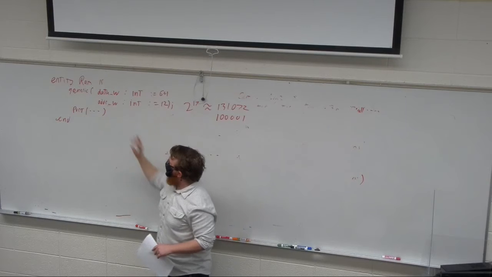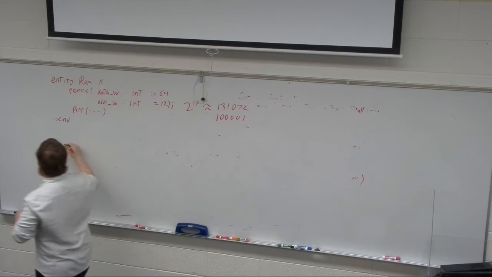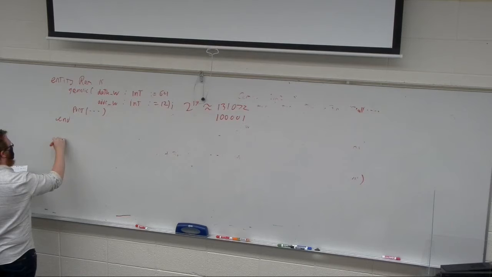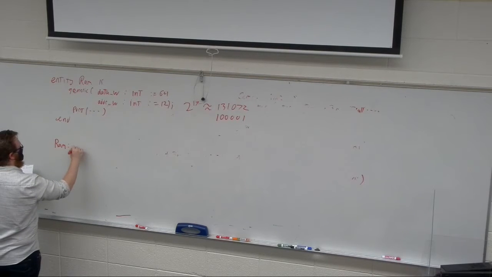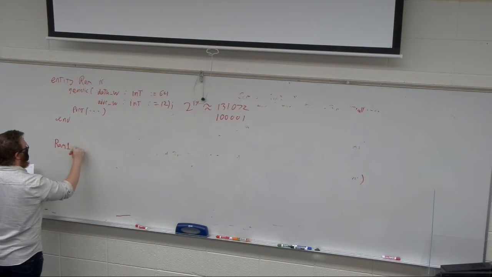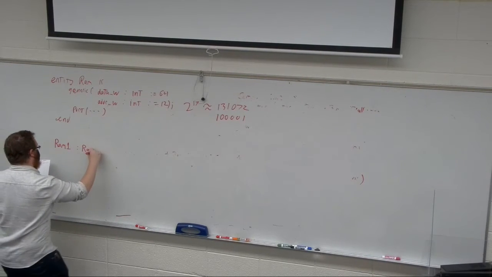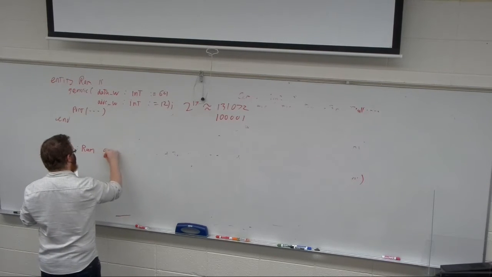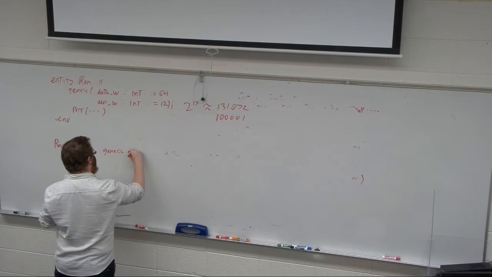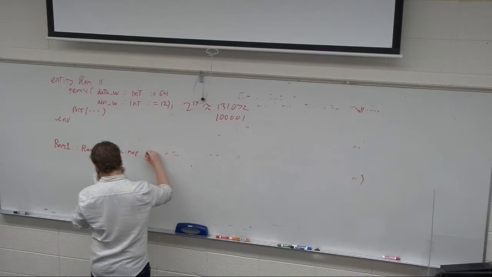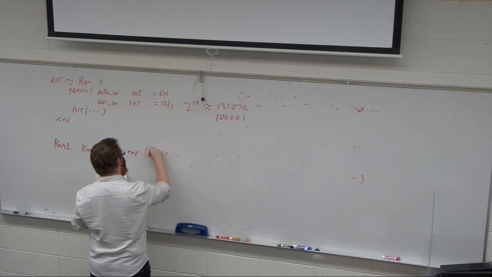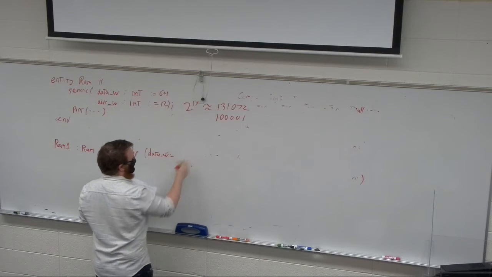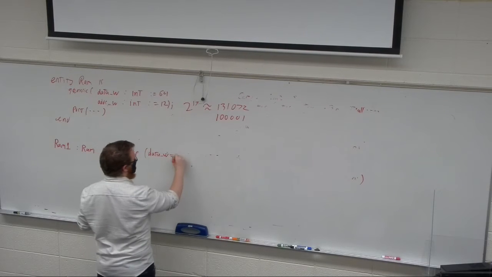So anyways, we've created a RAM. Let's just say I've declared the component. I won't draw the declaration. Let's create the instance of it. RAM1 is a RAM, and it has the generic map of data width equal to, in your case, what, 12?